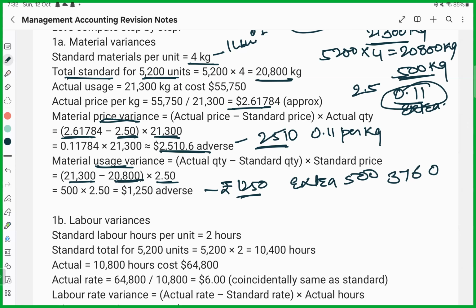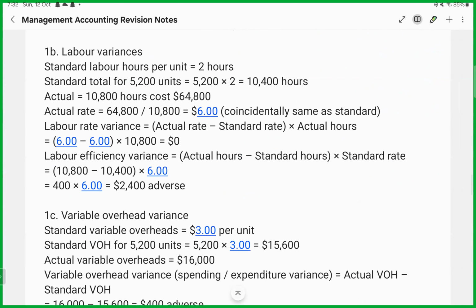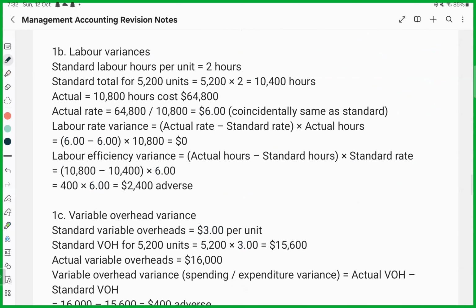Now, let's come down to the labor variance. I said that to manufacture one particular unit, I will need 2 hours. And how much have I actually produced? I've produced 5,200 units. So the number of hours that would have been required to produce those 5,200 units would have been 10,400.